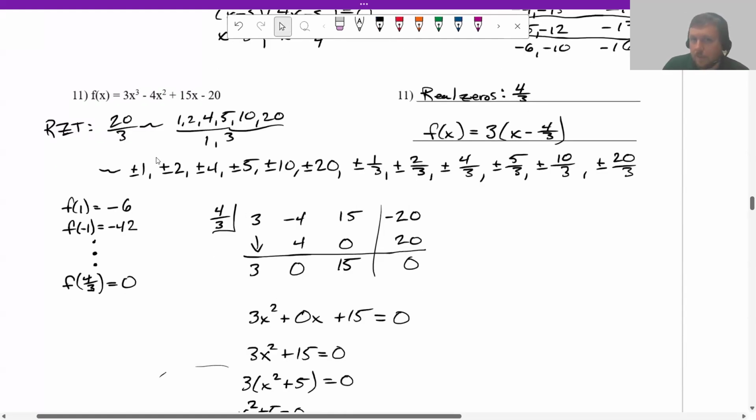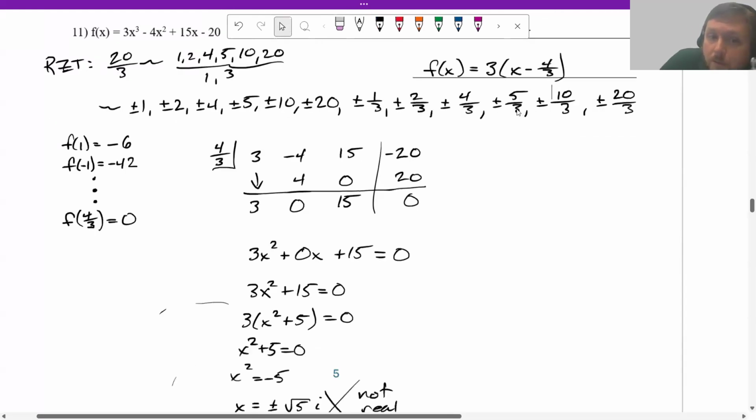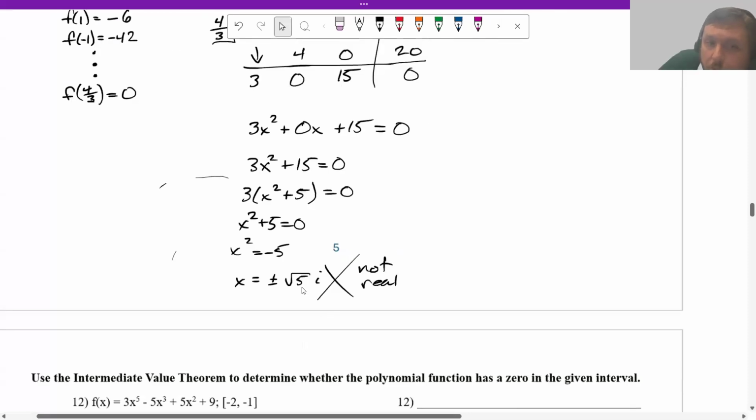We're missing something, right? It legitimately only has one real zero, but don't forget we have these two other zeros that are complex. They're still legitimate zeros, they're just not real zeros. But we're not going to write it in terms of i's.